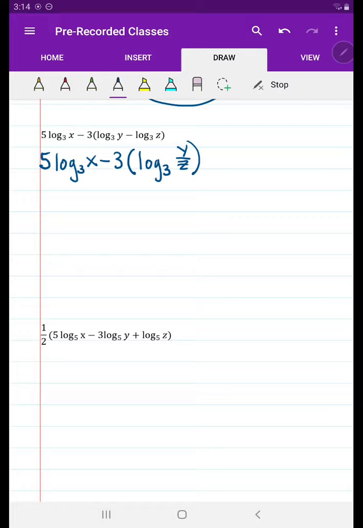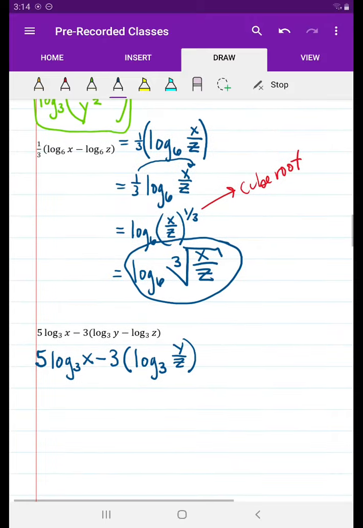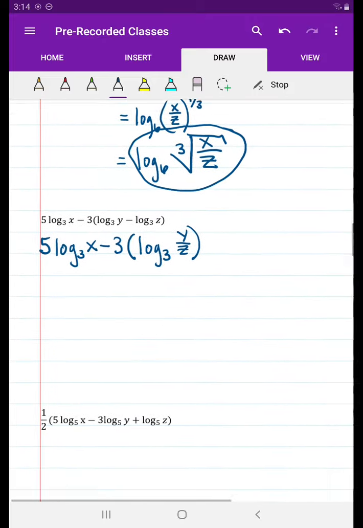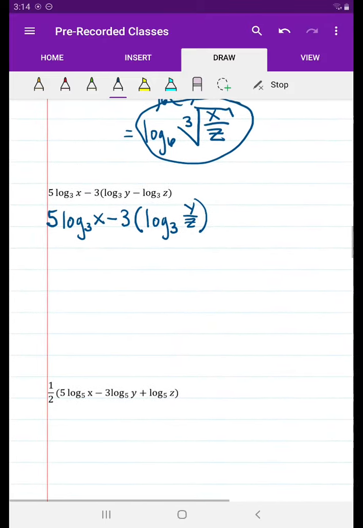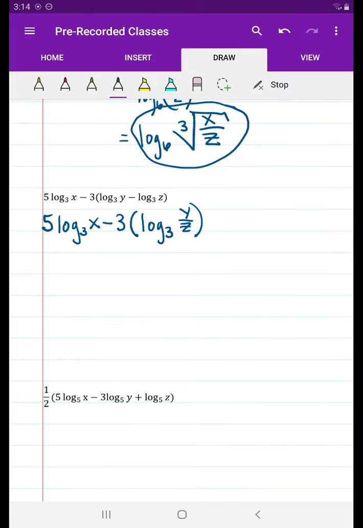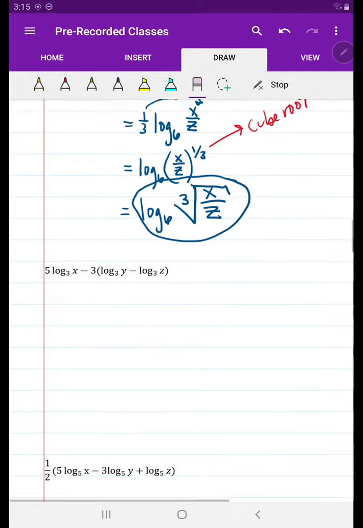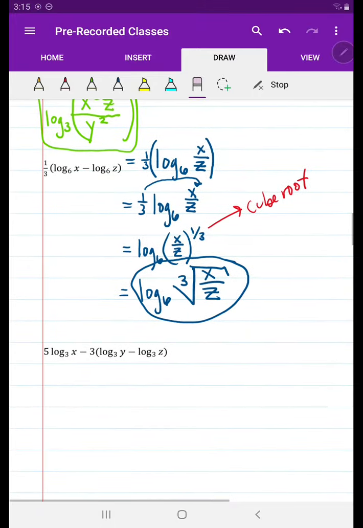Okay, so the tricky thing here, trying to figure this one out. I think for this example, because we have a negative in front, it's actually better to distribute the negative first. If we don't do that, then we're going to run into problems. So let's talk about the differences between this example and the one with the 1/3 in front.